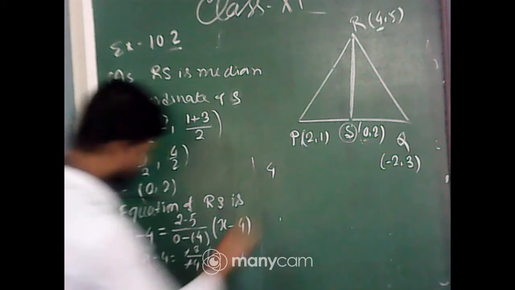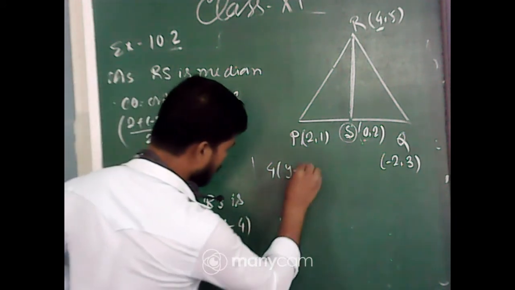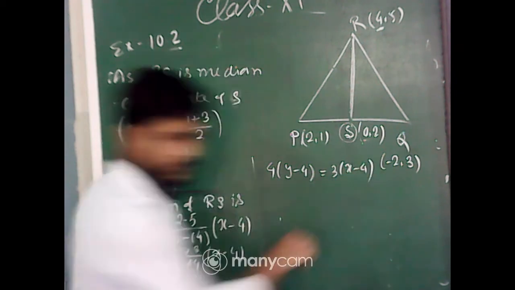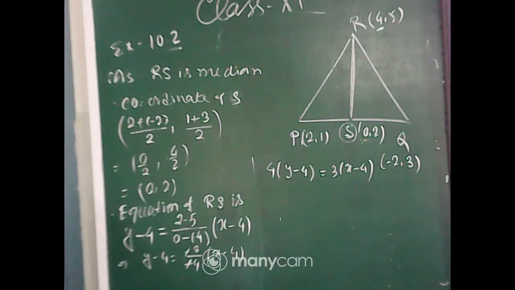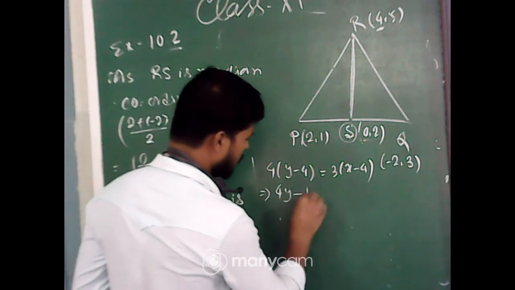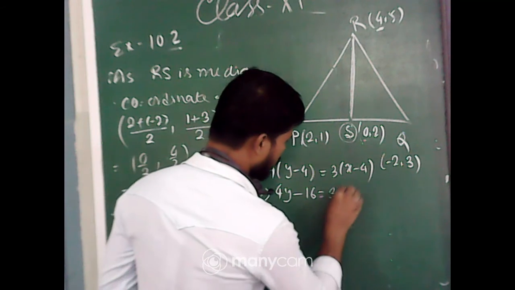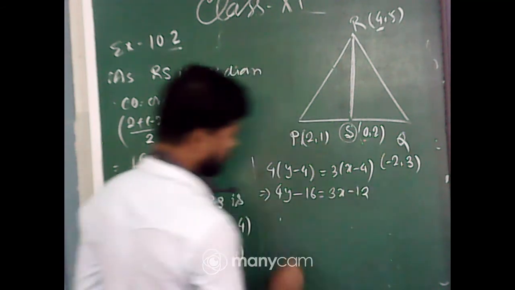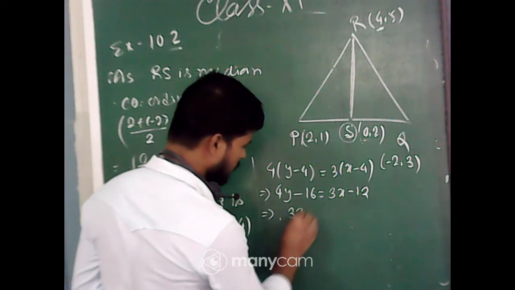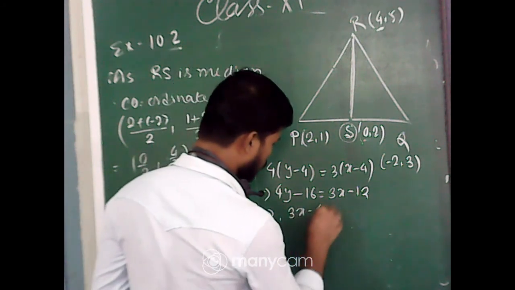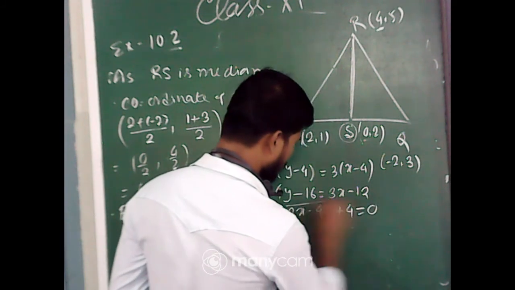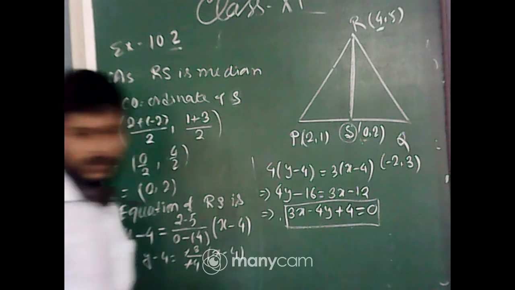If I multiply both sides by 4, then 4 into (y minus 4) is equal to 3 into (x minus 4). Means 4y minus 16 is equal to 3x minus 12. Means if I write, 3x minus 4y plus 4 is equal to 0. So this is the equation of the line.